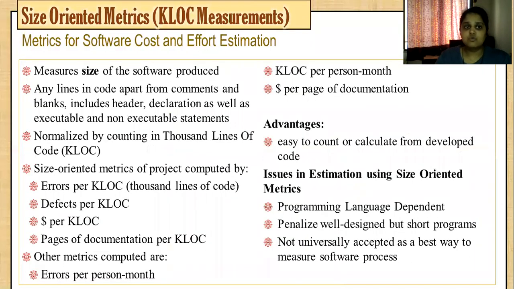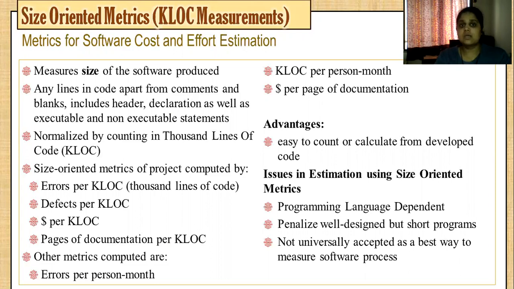So first let us move on to size oriented metrics. Now, what is size-oriented metrics? Size-oriented metrics is something that is allowing you to estimate the efforts, the time scale of your product, and how many total number of errors are there in your product.